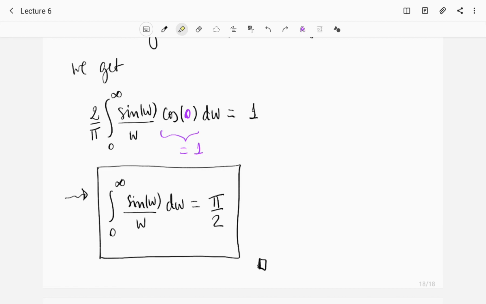And we computed these coefficients capital A of omega and capital B of omega that are involved in this Fourier integral representation, where we gave the differences between Fourier series representation and Fourier integral representations.